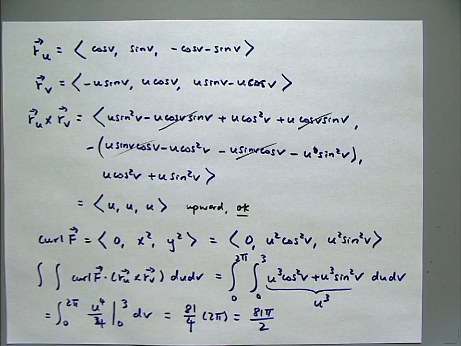r'(t) is going to be 1, 2t, 3t squared. We're given a point, but we're not given t explicitly. But to find the direction of this line that we want, we need to know t.